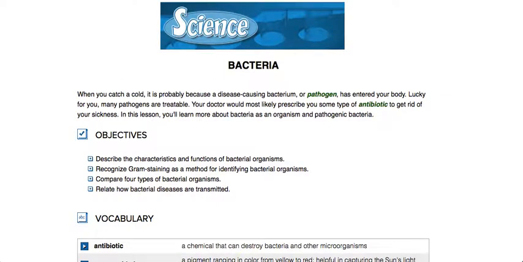Okay, so let's first talk a little bit about some bacterial history before we really get into viruses, because I think there's been some confusion with regards to the fact that viruses are living particles as compared to non-living particles.